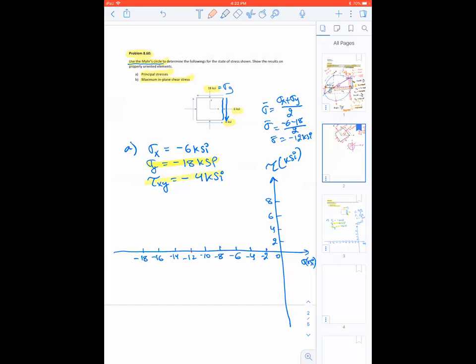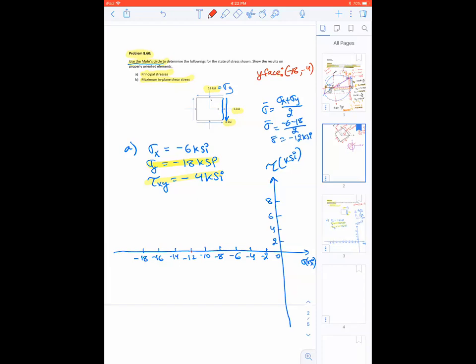But right now I'm going to identify and draw my Y face. For my Y face, the coordinate is going to be minus 18, minus 4. That's the coordinate, because shear stress sign does not flip for the Y face. So let's do this. Minus 18 and minus 4.